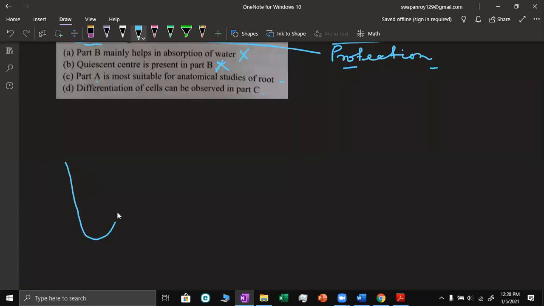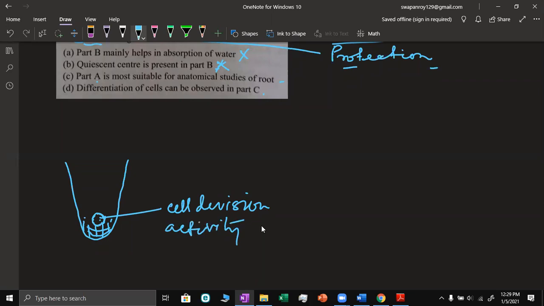Actually, say if this is the root apical meristem, the cells start dividing here, meristematic zone is here, but what happened in the center of the meristematic zone, there is a portion where the activity of cell division is almost nil, very less, almost nil.